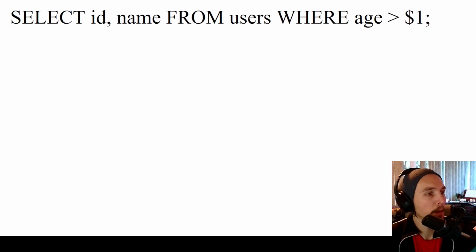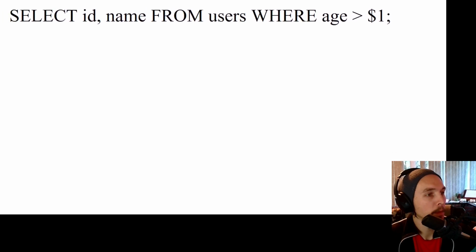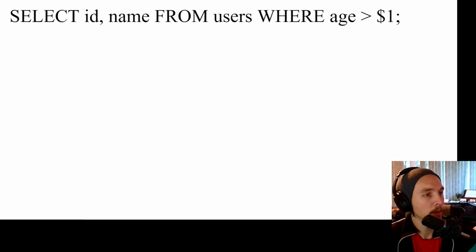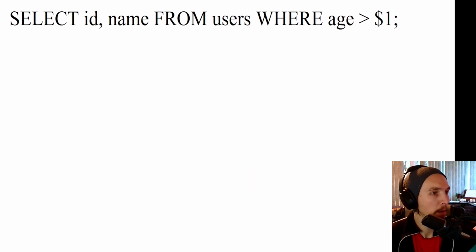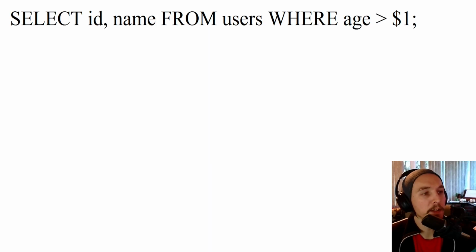Okay. We can go back to Zero. There we go. And that is the statement that comes up. So we're going to have a select ID name from users where age is less than the value.